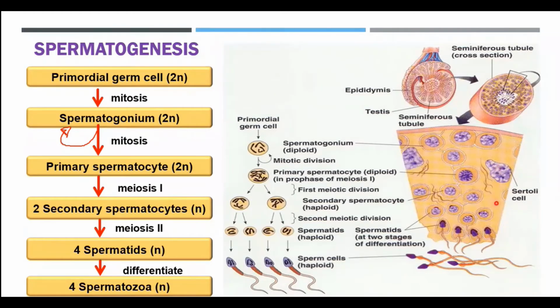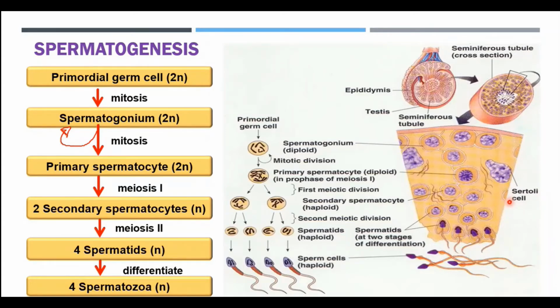Okay, and you should also take note that in the wall of the seminiferous tubule there will be this cell known as the Sertoli cell. The Sertoli cell will be the cells that are actually located within the seminiferous tubule. What is so important about the Sertoli cell? The Sertoli cell actually facilitates spermatogenesis to occur properly, to occur nicely, in which the Sertoli cell will provide nutrients for the sperm.